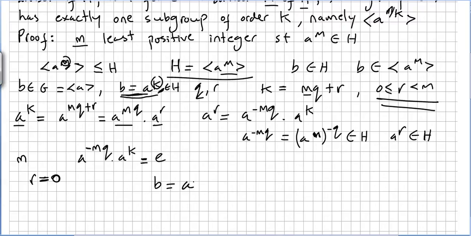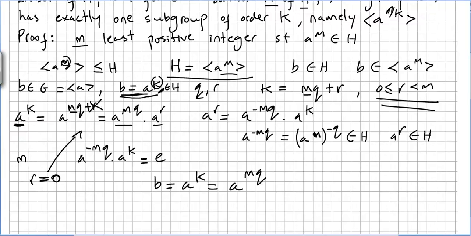B will be equal to a to the power of k, and a to the power of k, as we saw, has to be a to the power of mq, since we proved that this r has to be 0, right?